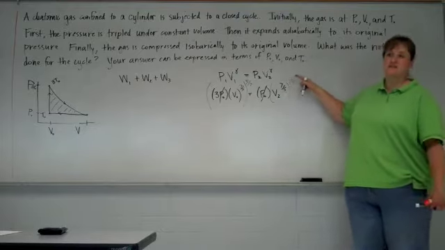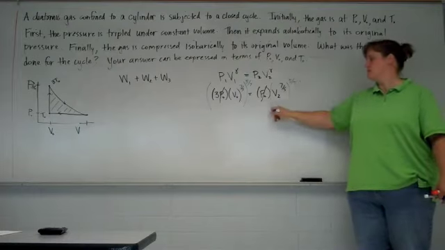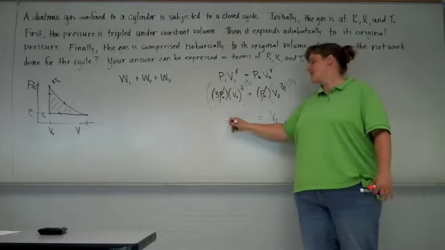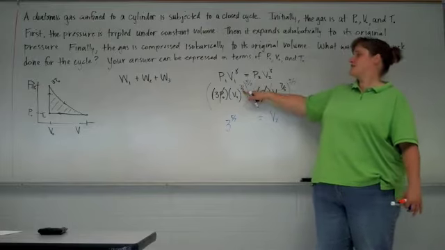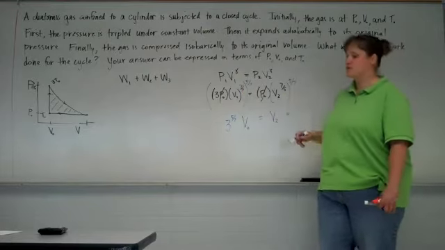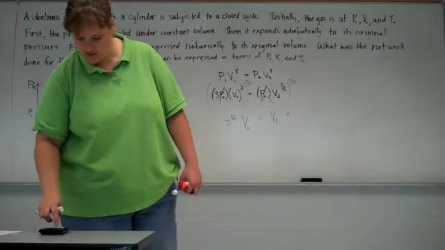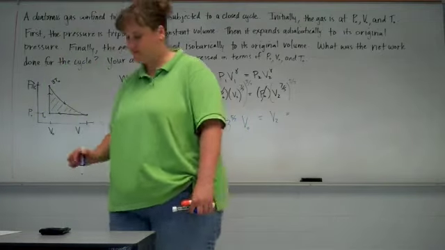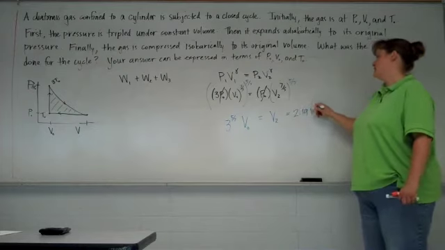When you multiply 7/5 by 5/7, you're going to get 1. So we're going to get V2 on this side. We need to take the 3 to the 5/7 power, but V naught to the 7/5 to the 5/7 will just give us V naught there. So 3 to the 5/7 is what we need to know. That gives 2.19 V naught.